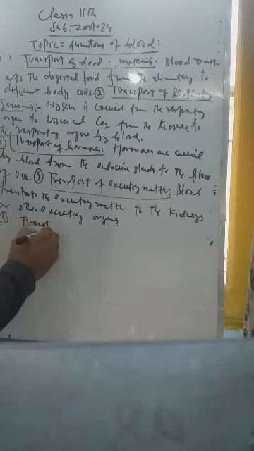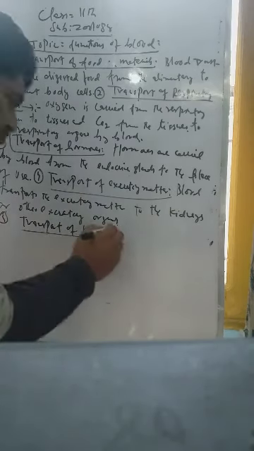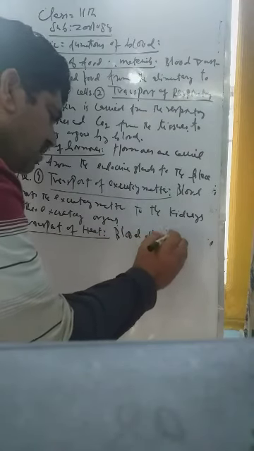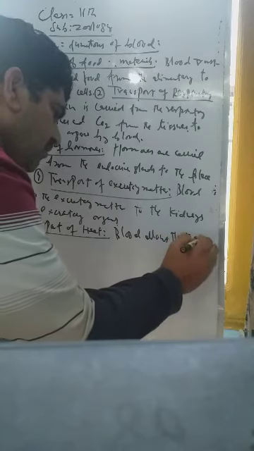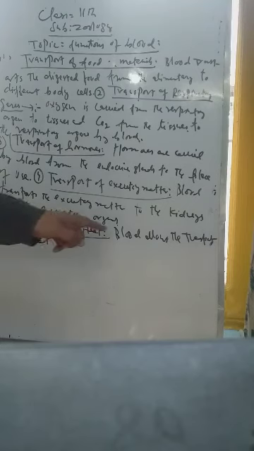Transport of heat, number 5th. We write here how the transport of heat takes place by blood. Blood allows the transfer of heat from the deeper tissues to the surface of the body.